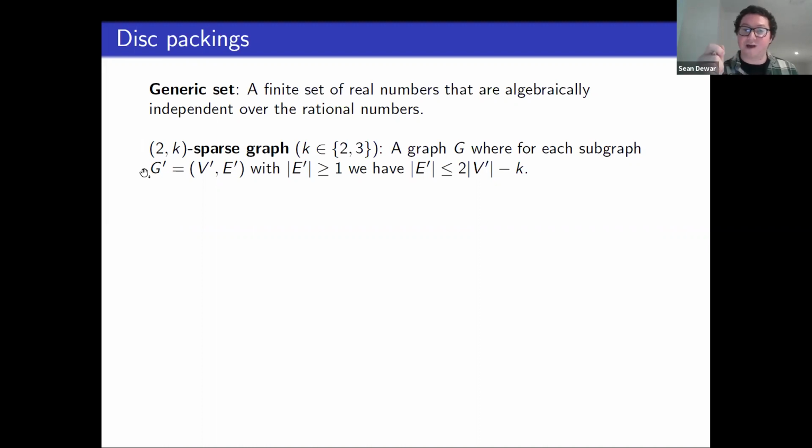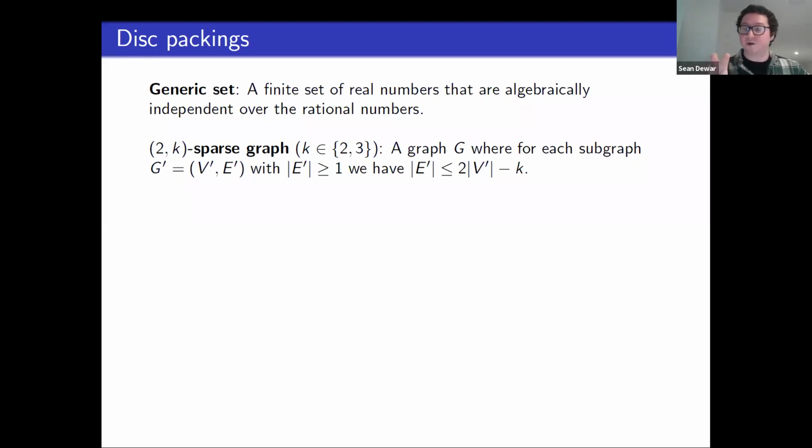These are graphs where every subgraph has a bound on the edges. The first number, the 2 in 2K-sparse, is to do with the number of dimensions in which a given convex body can translate. So the degrees of freedom of a convex body in some sense.